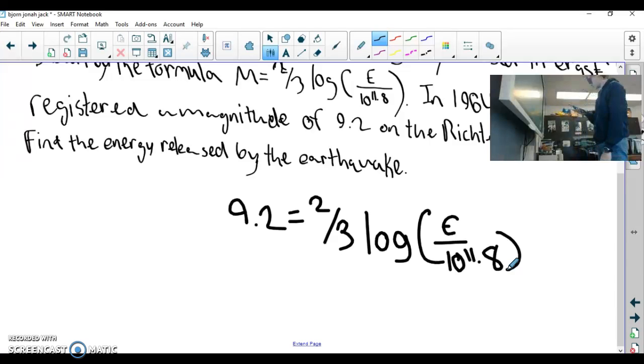So next thing we're going to do is take the reciprocal of 2 over 3 and multiply both sides by that.